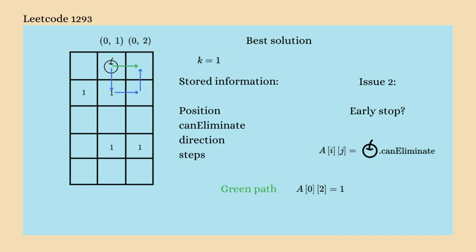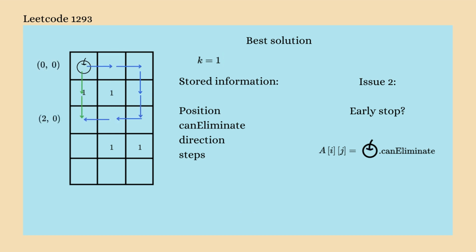Later in the queue, the blue path will be considered, and since this blue path also ends at 0, 2 position, but with can-eliminate variable equals 0, we stop the blue path and get rid of this blue path. In other words, if a path ends at the ij position at later time, but with a lower can-eliminate variable, we get rid of that path.